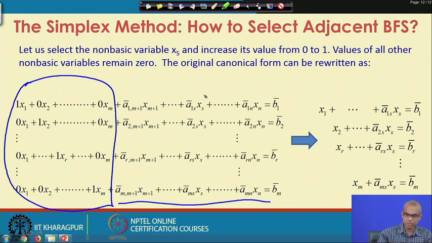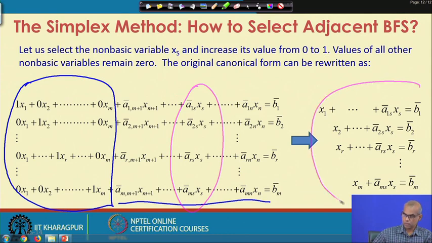What we are saying now is, let us increase the value of the non-basic variable xs from 0 to 1. If I do that, the canonical form will be rewritten as shown.